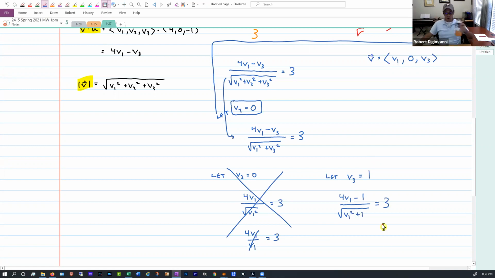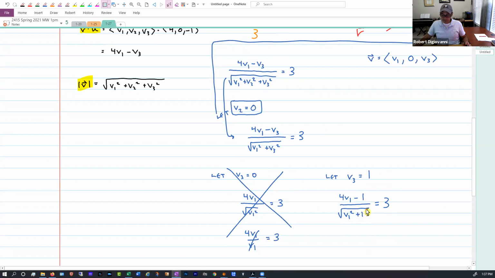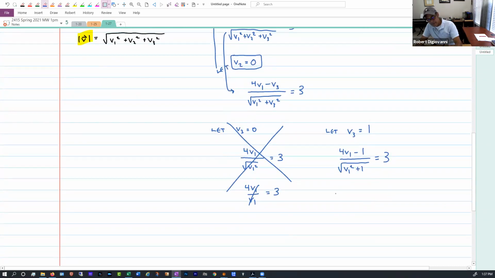I'm hoping this works. All right, so now we need to solve this. So here's what I'm going to do to solve this. I'm going to multiply both sides by the denominator. In other words, I'm going to clear the fraction.